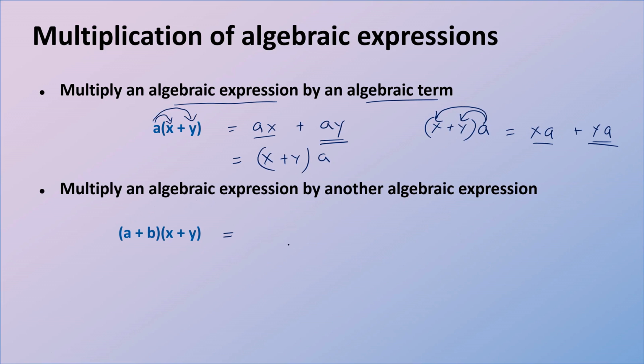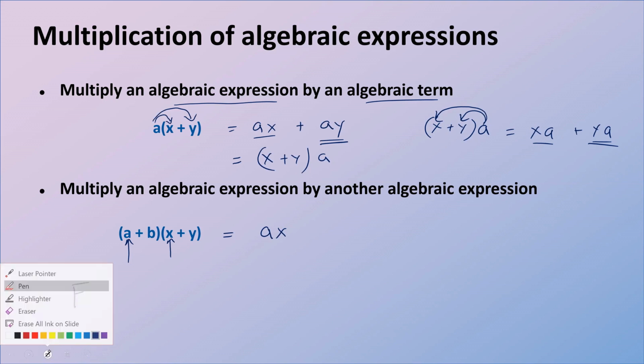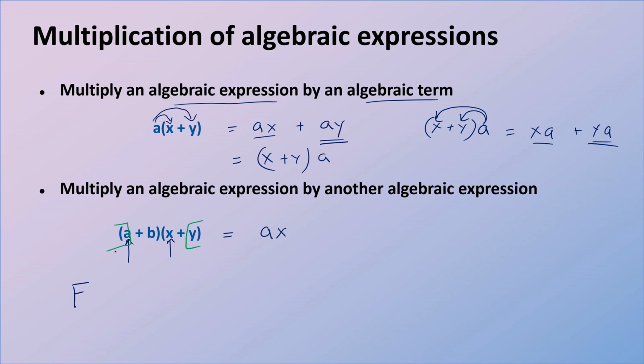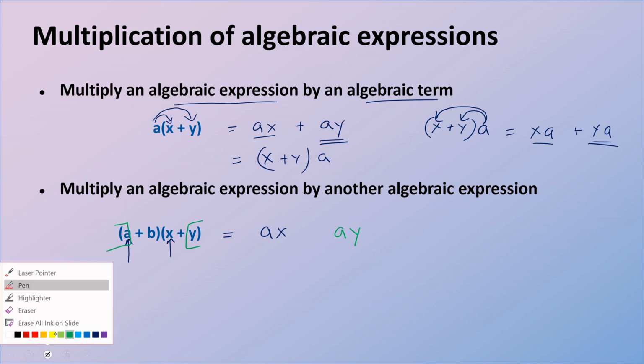When we multiply these expressions, I will first multiply the first term, which is A, in the first expression with the first term in the second expression, A times x. What I did was multiply the first with the first, and then I look at the outer ones. A and y are outer, so A times y. It is the outer bit.